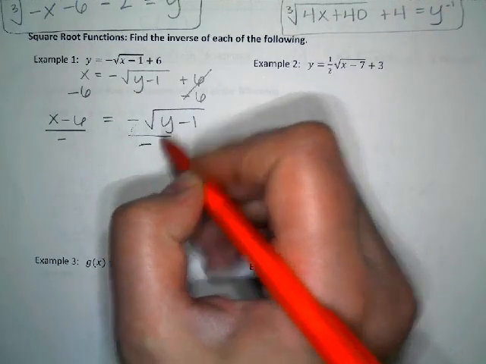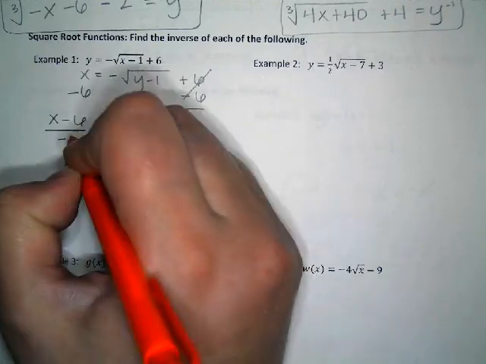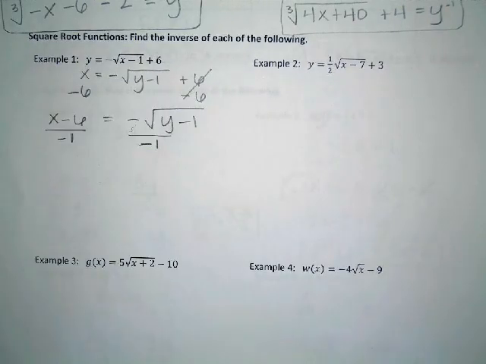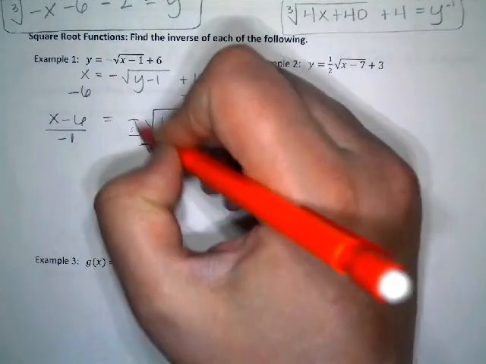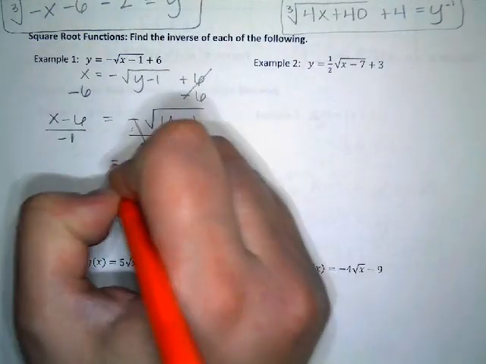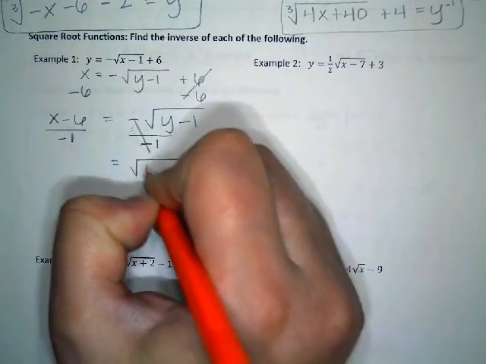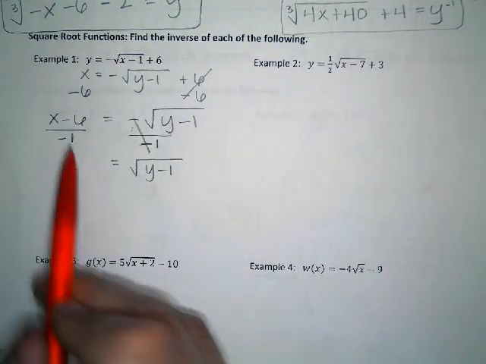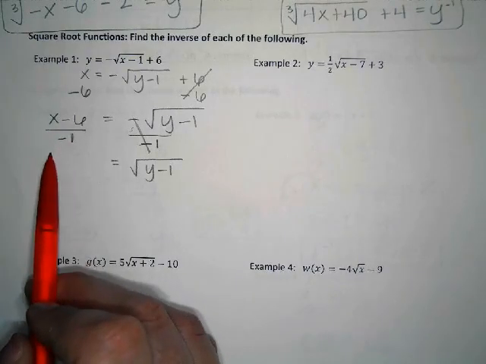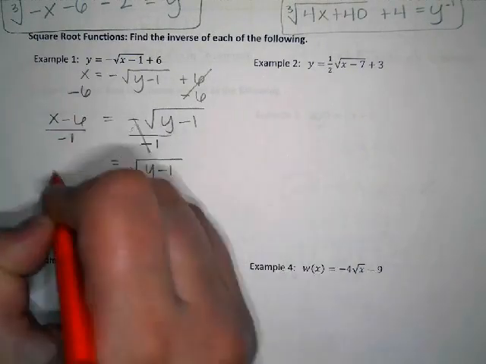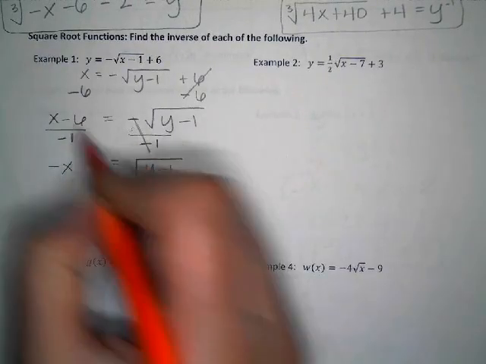So I'll go ahead and put a negative 1 because that's what Caitlin had said. So dividing by the -1 will cancel these negatives out. What happens over here when you divide by the negative? You're going to get negative x plus 6. Okay, so the x becomes negative and the 6 becomes positive.